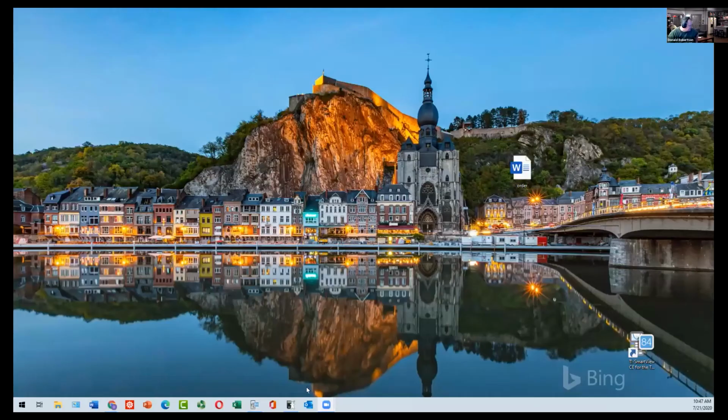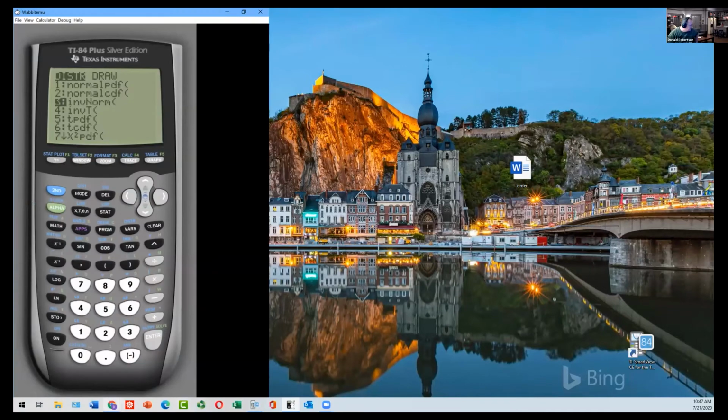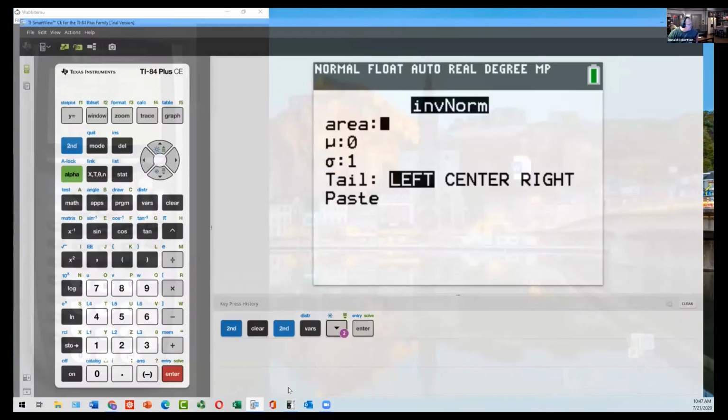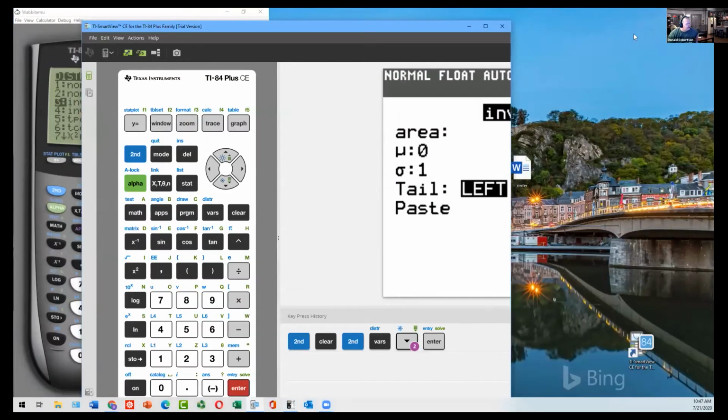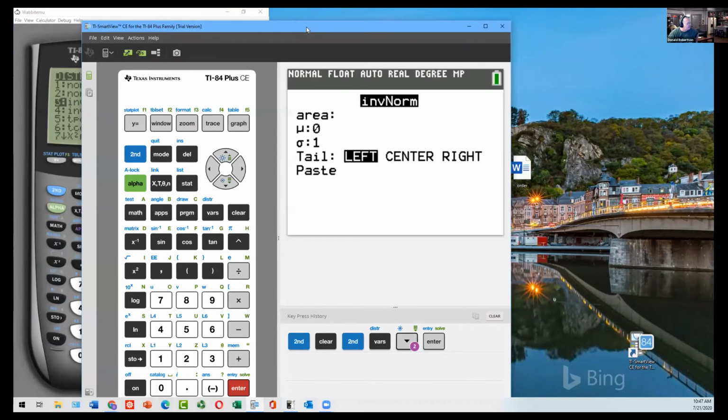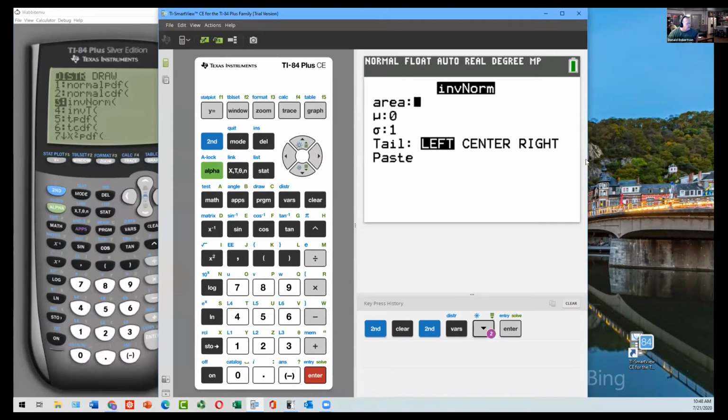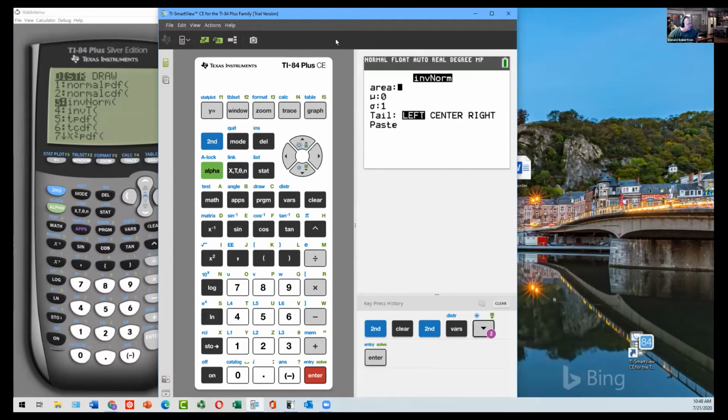I'm going to share, I hope. Screen 2. Darn thing. Not sure it's worth all the hassle now. Can you see two calculators, or do you see a nice picture of something?